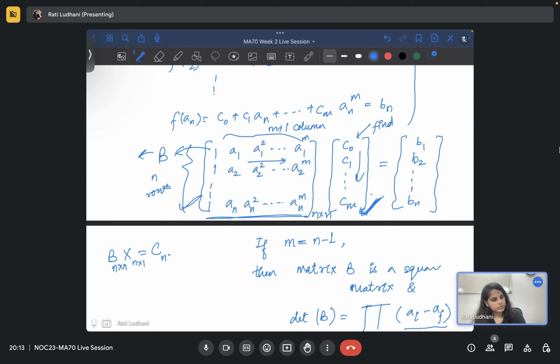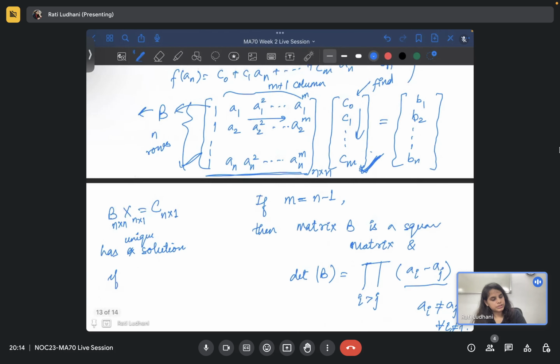This system has even a unique solution if B is invertible. I've used this fact. Basically the equations are linearly independent, so you will get c uniquely determined.